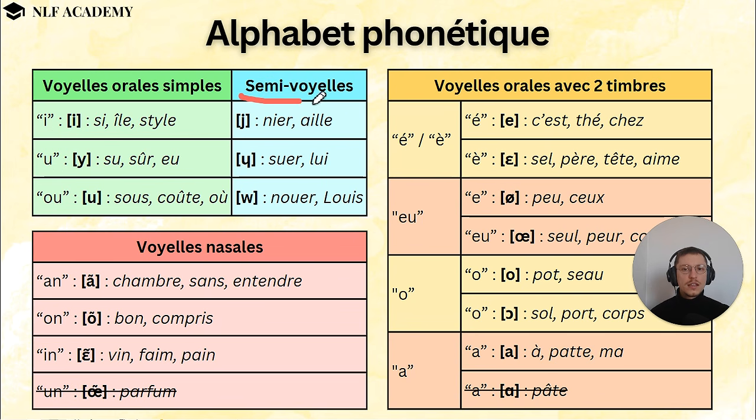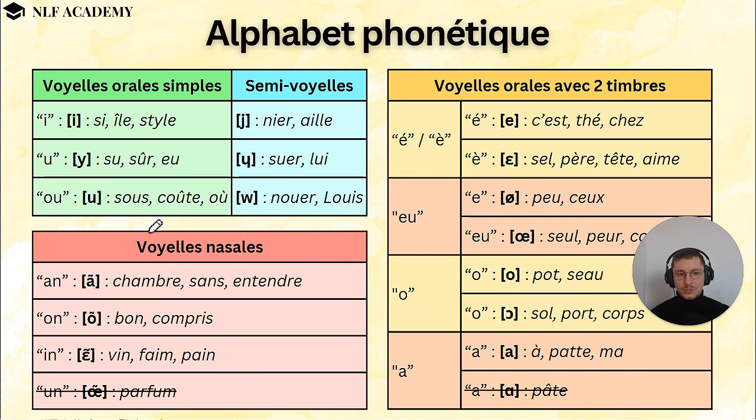Then we have matching kind of half vowels, half consonants: Y, W. Then we have a lot of vowels that have two different modalities: E, O, and then A. In the past, or in some provinces in France, we have two different A sounds, but I think it's irrelevant and no one really distinguishes them anymore nowadays. So I don't count this one.